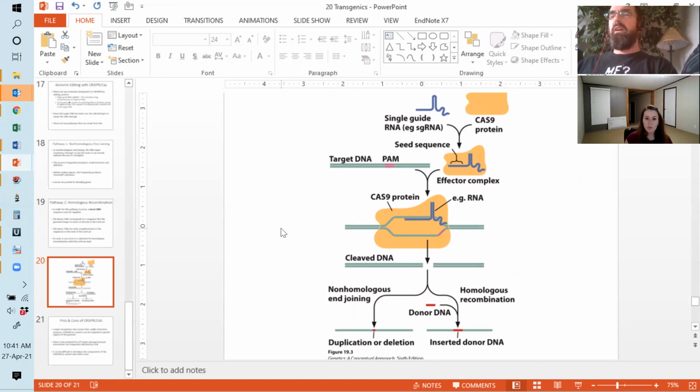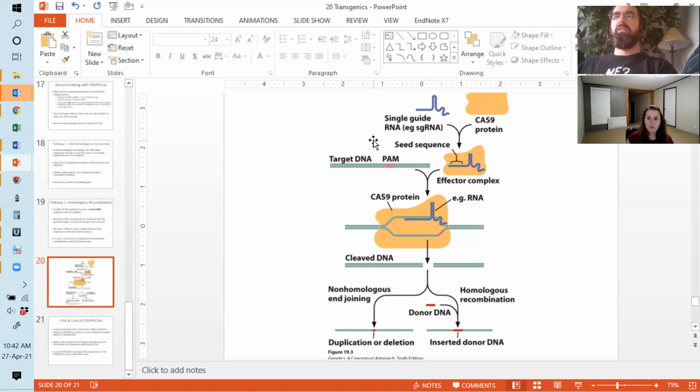So essentially all you have to do is have this PAM sequence nearby, which is recognized by the guide RNA as, this is where I should bind. But you design the sequence of the guide RNA to recognize a particular piece of DNA, your target gene. And the aim is that this will only bind to that target gene and nowhere else.